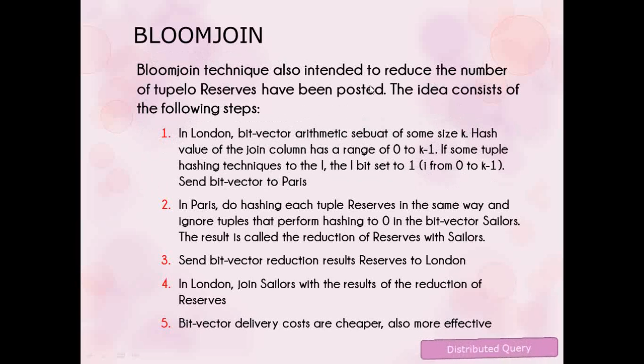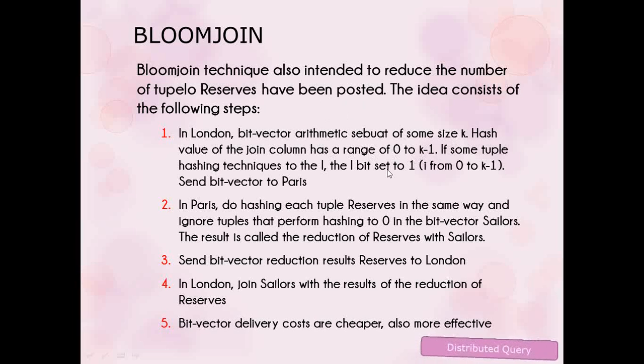Next is bloom join. The bloom join technique also intends to reduce the number of reserve tuples that have to be shipped. The idea consists of the following steps. In London, a bit vector of some size k is built, as the value of the join column has a range of 0 to k minus 1.